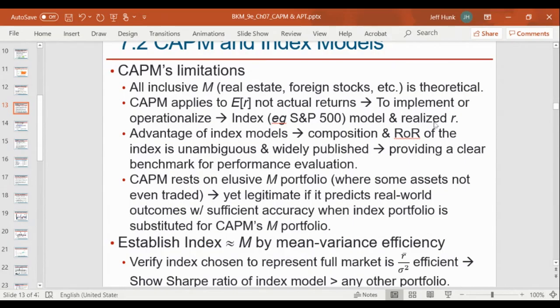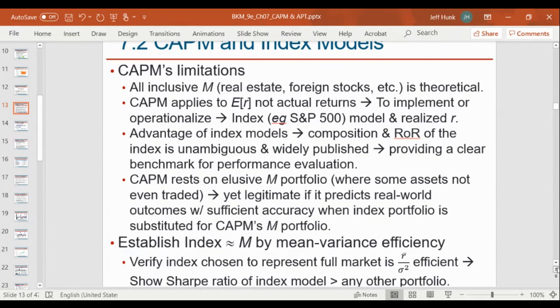Whereas CAPM rests on an elusive market portfolio, where some assets are not even traded, it's still legitimate if it predicts real world outcomes with sufficient accuracy when an index portfolio is substituted for CAPM's market portfolio. In other words, we need to use an index portfolio to replace the theoretical market portfolio in CAPM.